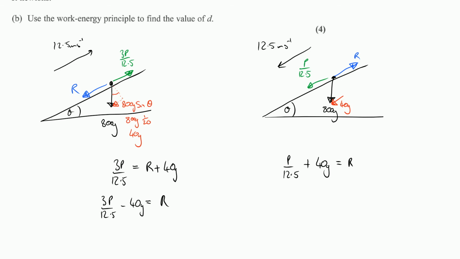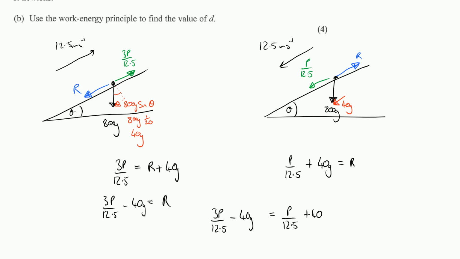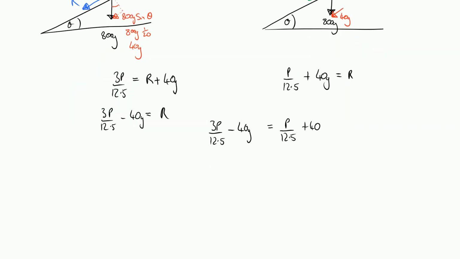So that's to say that 3p over 12.5 minus 40g from my uphill equation is going to be equal to p over 12.5 plus 40g from my downhill equation, which I can then rearrange. 40g I should have on here. Rearrange, subtract the p over 12.5 to give 2p over 12.5 is equal to 80g.